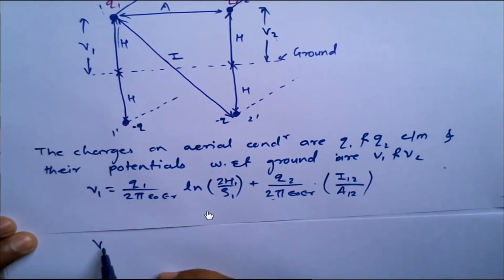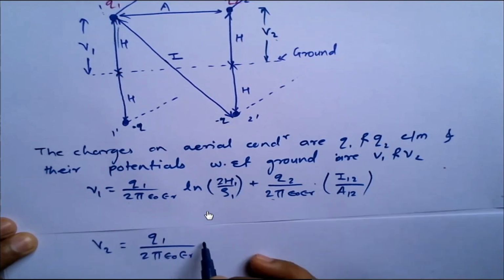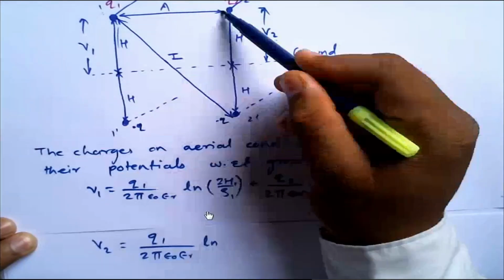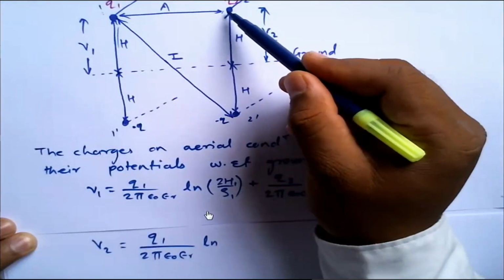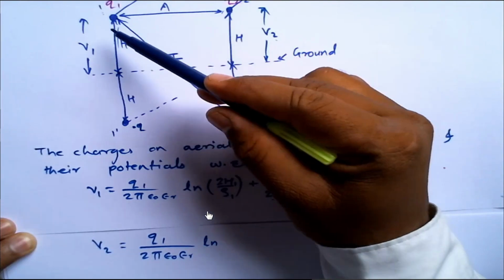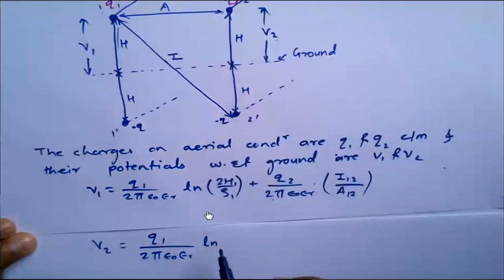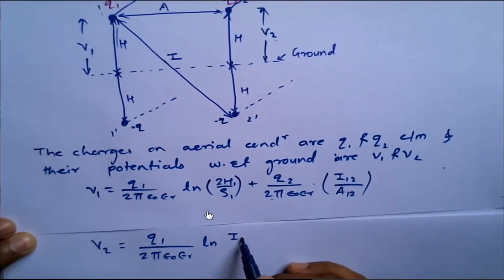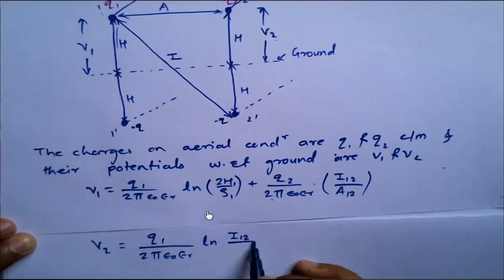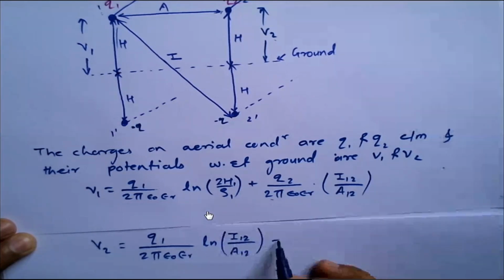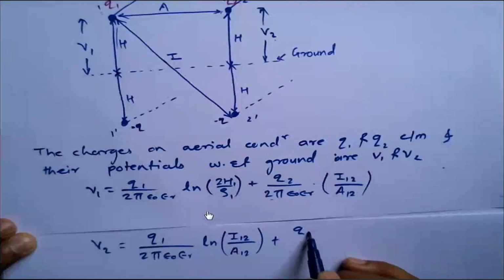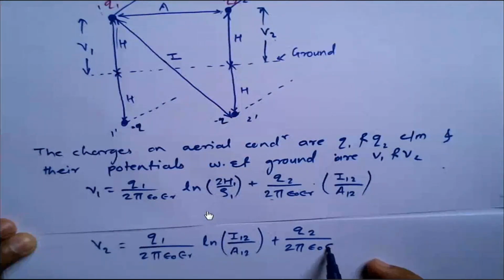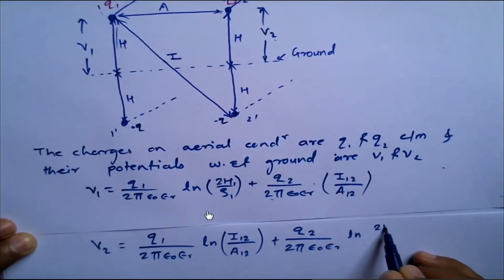आता इथे V2 चं इक्वेशन काय आहे, V2 is equal to, I can write down, आता Q1 मुळे काय असणार आहे, म्युच्युअल असणार आहे, सो Q1 अपॉन 2 pi epsilon 0 epsilon r ln of हे जे डिस्टन्स आहे, या कंडक्टरवर या चार्जेसमुळे असणारं पोटेन्शियल, so it will be ln of I, instead of I12 I can write down I21 or I12 also, so I12 divided by A12 प्लस सेल्फमुळे काय असेल, Q2 अपॉन 2 pi epsilon 0 epsilon r ln of 2h2 divided by rho 2.